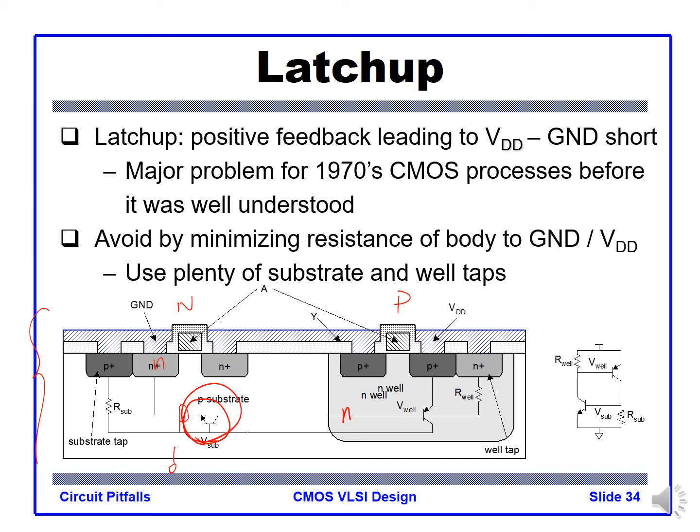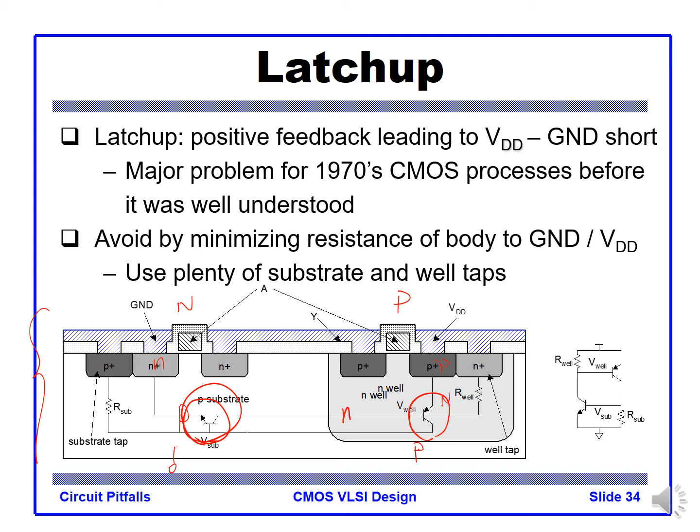And also here we have a PN, right? Another parasitic BJT transistor is there.